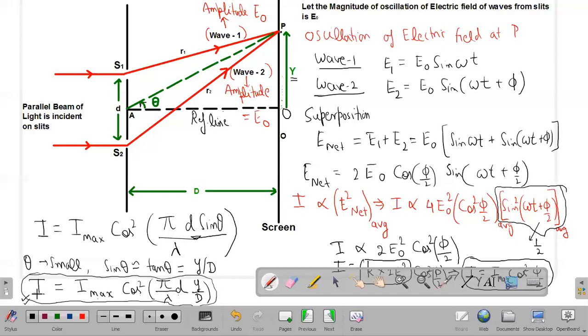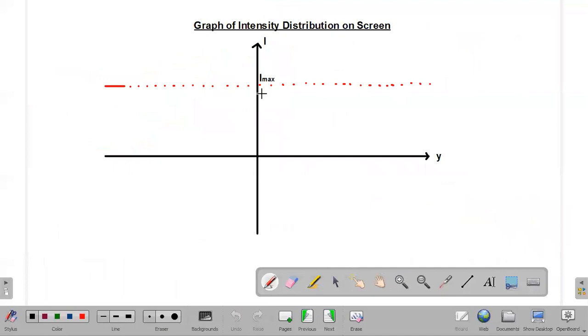When you go for plotting this expression on the vertical axis and horizontal axis, the plot will be similar to the plot of cos square function. If you know how to plot the graph of cos square, you can plot the graph of intensity. And this is what we have done here.